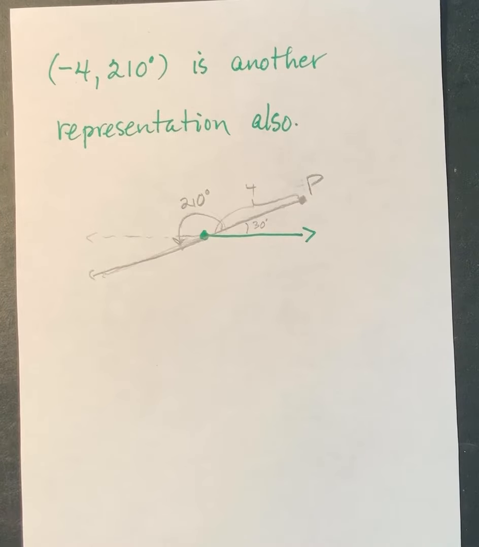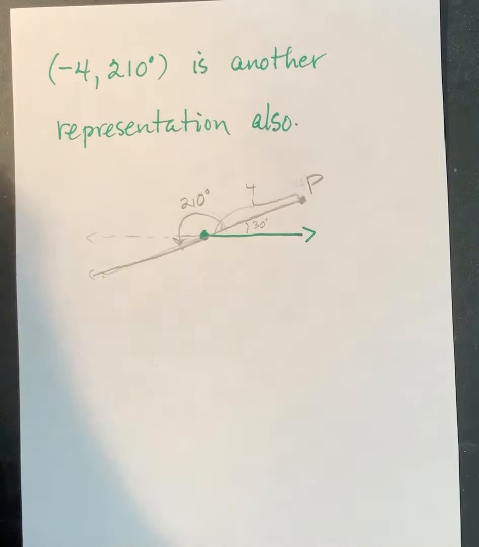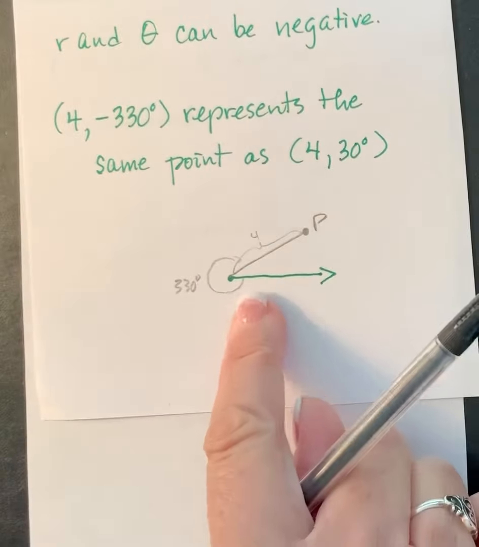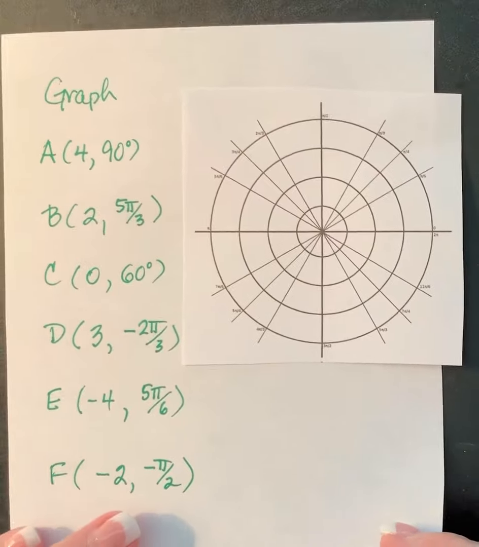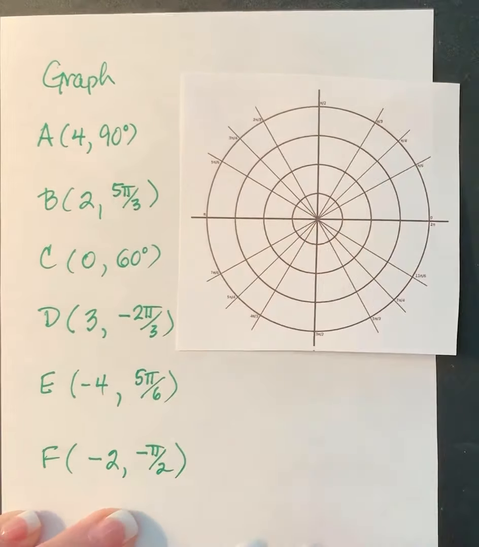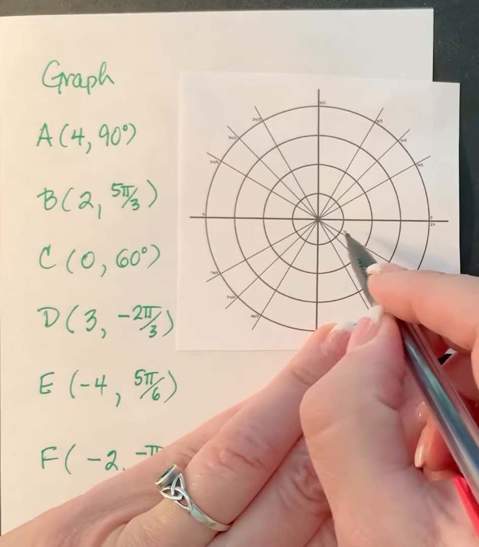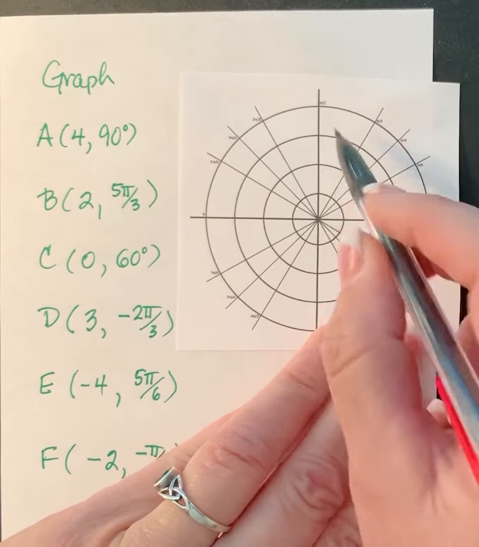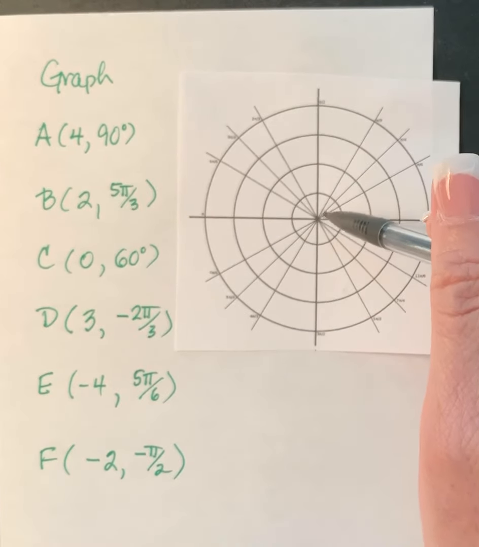Okay, now when you are graphing points, you can just draw them like this if you want. You can look at how they do it in the book. There is also such a thing as polar graph paper, and it comes in a lot of different styles. This is just one particular one that I found. What they do is they put all these concentric circles so you can see how many units you've gone from the origin.